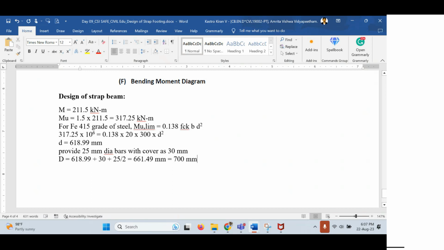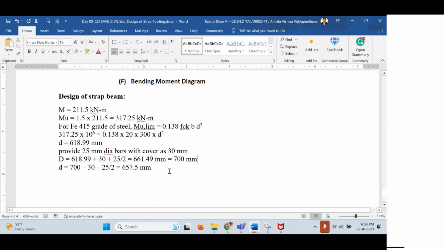From this, the effective depth equals overall depth, 700, minus clear cover minus diameter of bar divided by 2. If you solve this, we get the effective depth of the section as 657.5 mm. That's how we have decided the depth of the beam.